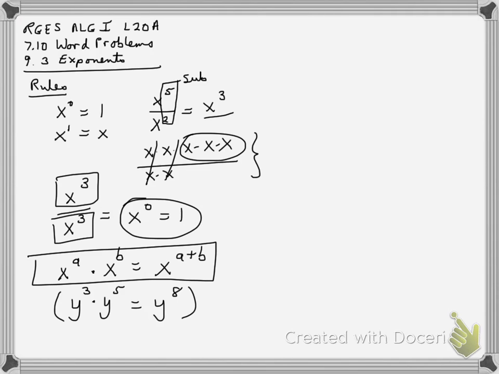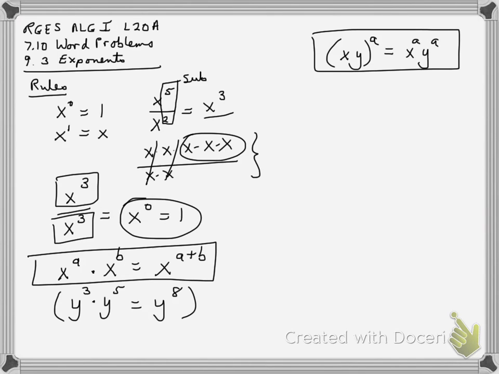My next rule would be if I have (xy) to the a power, that will be equal to x to the a times y to the a. So there's my next rule. An illustration of that would be, let's say I have (xy) to the 3rd power.